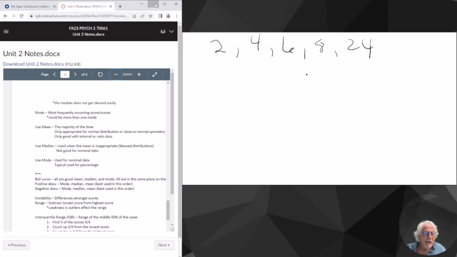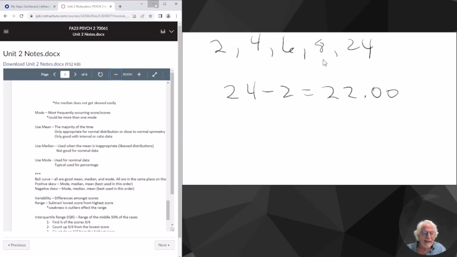All right. So if you look at the range here, we're talking about 24 minus 2, which is 22, right? And the range is 22.0. But that doesn't really represent it, right? Because these are the scores that came up the most.